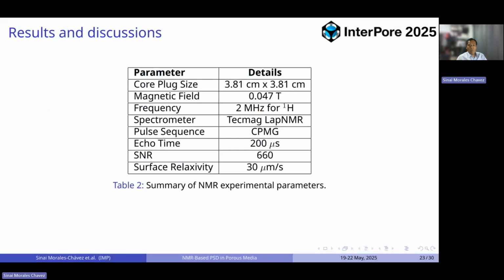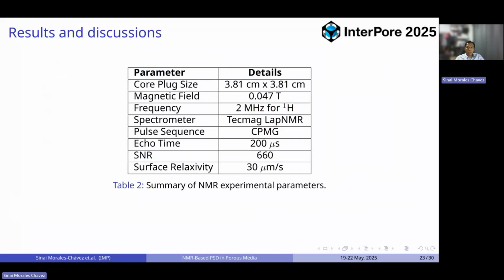A low-field magnet operating at 0.047 Tesla was used, corresponding to a resonance frequency of 2 megahertz for hydrogen nuclei. The pulse sequence was the standard CPMG sequence with an echo time of 200 microseconds. The signal-to-noise ratio was approximately 660, and the surface relaxivity was set to 30 microns per second.